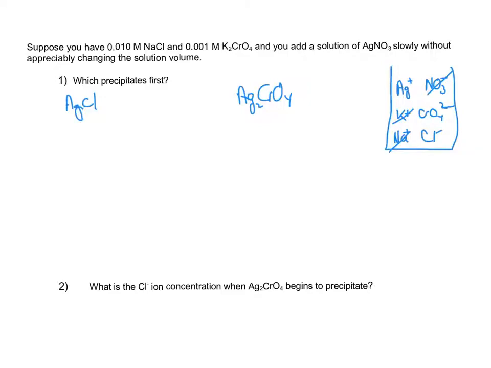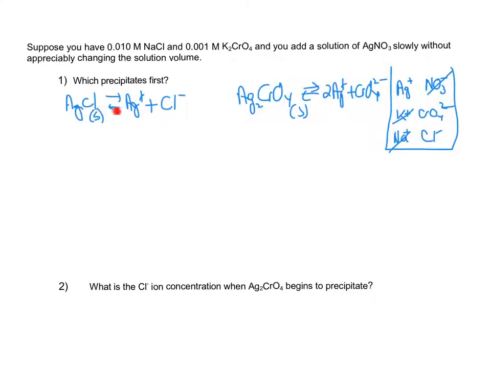Let me write the dissociation equation to explain. So this is Ag+ and Cl-, solid there. This one is 2Ag+ and CrO4 2-.